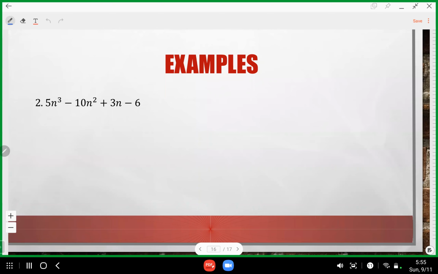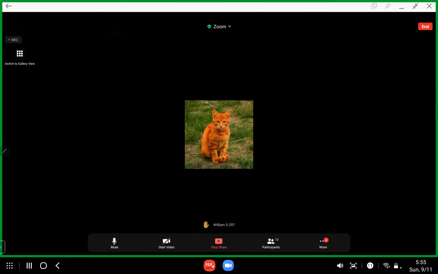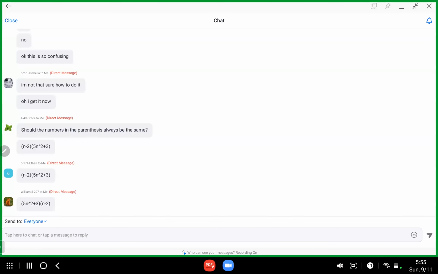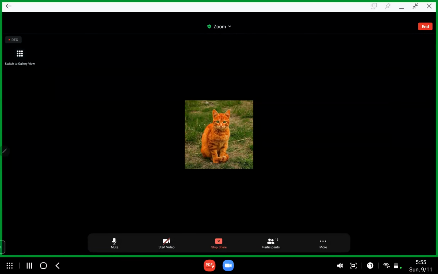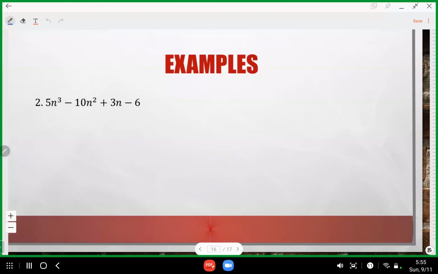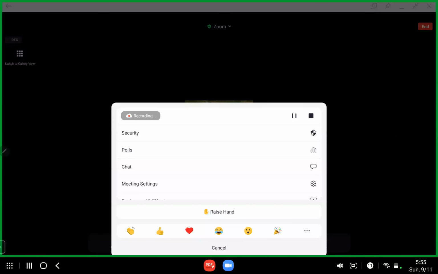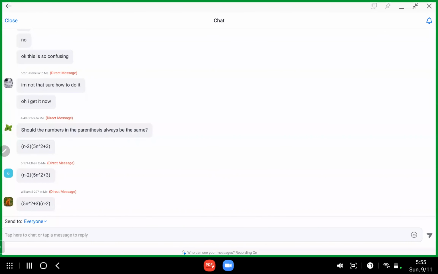All right, so let's try to solve this one. We have some answers, I think. All right, very good. And for Grace's question, should the numbers in the parentheses always be the same?